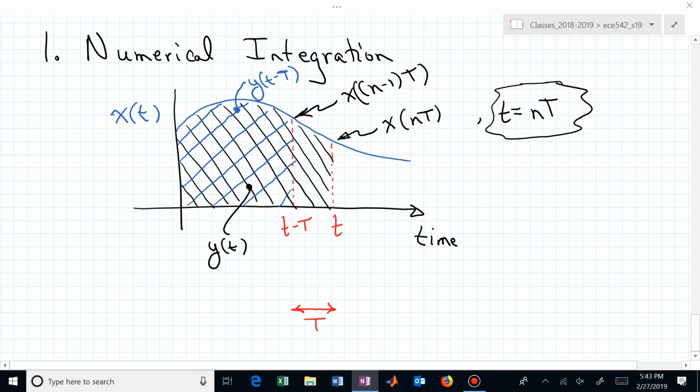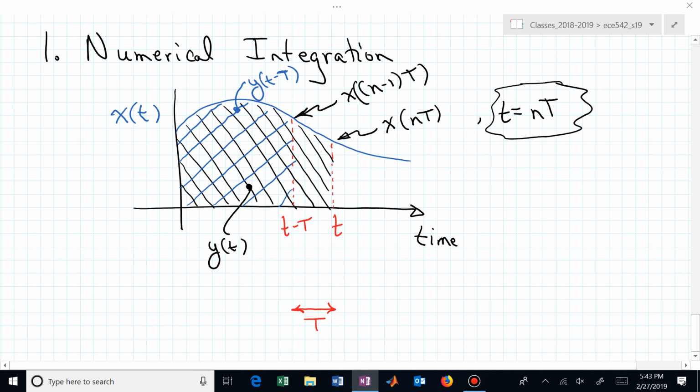I'm trying to now focus on that little sliver of area in this discussion of numerical integration. That's what we're going to be focused on, or concentrating on, in order to develop these expressions for a discrete time version of this area under the curve.